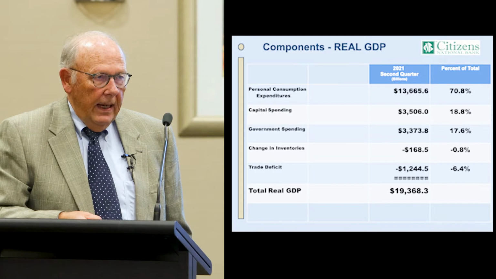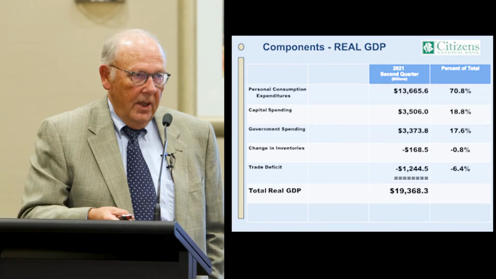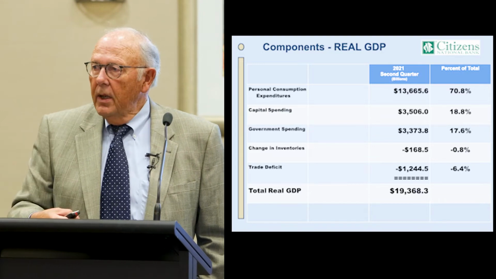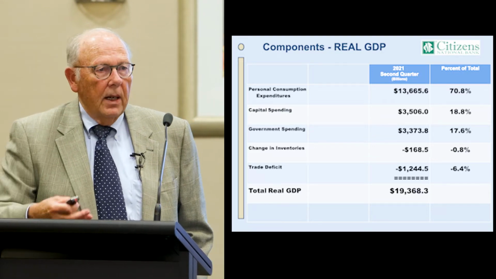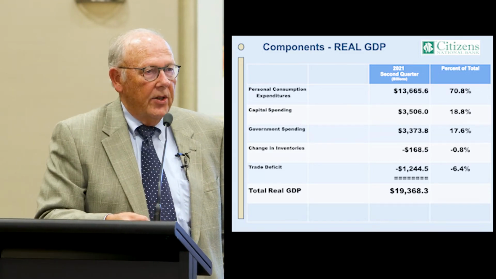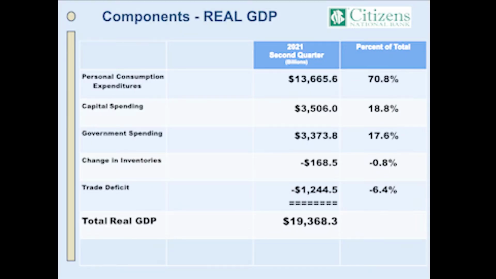And then finally, we have to consider the trade deficit, because clearly if we buy things that are imported into this country from other markets overseas, that's not an economic activity in the United States. So if you look at this, you can see that in the second quarter of this year, we saw a significant decline in inventories, $168 billion drawdown of inventories.